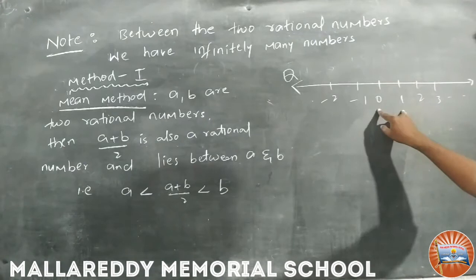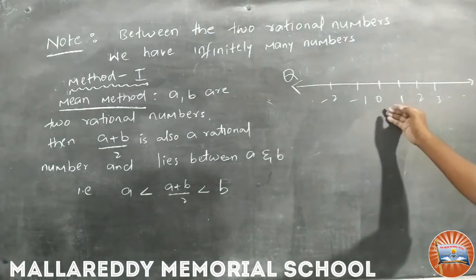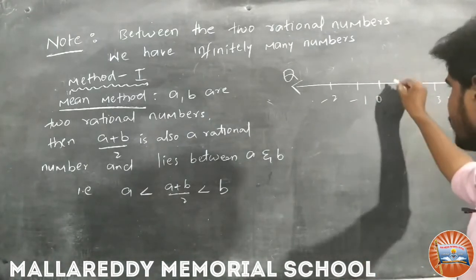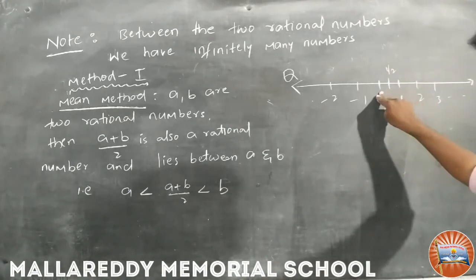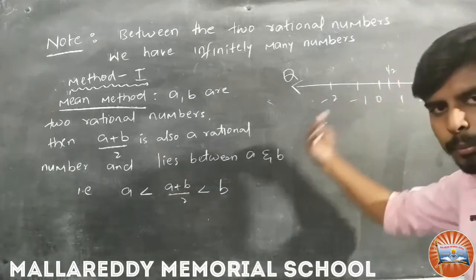Between 0 and 1, we have so many numbers. For example, 1 by 2 is a number that lies between 0 and 1. Again, between 0 and 1 by 2, we have one more number.